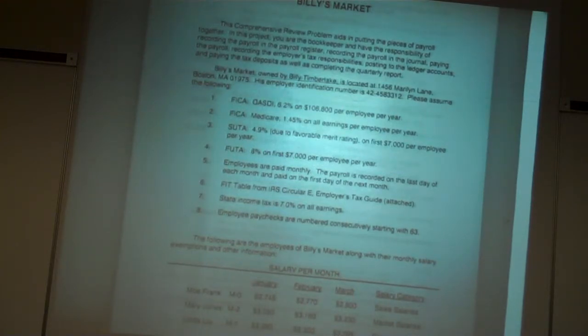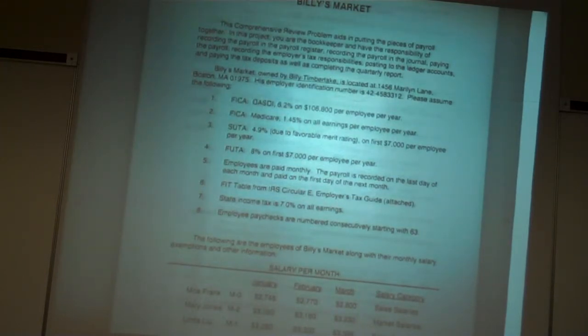FICA Medicare is 1.45% on all earnings per employee per year. SUTA is 4.9% due to favorable merit rating on the first 7,000 per employee per year. FUTA is 0.8%, see how tiny that number is?